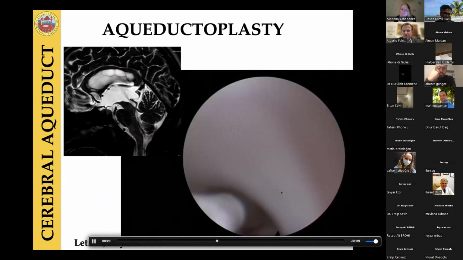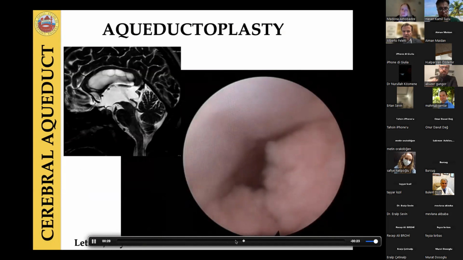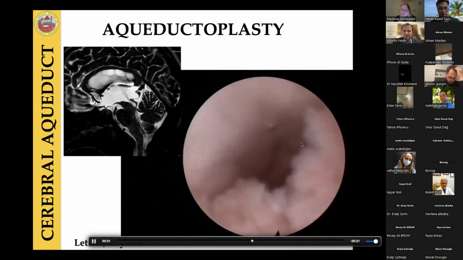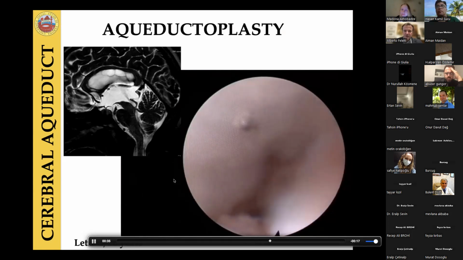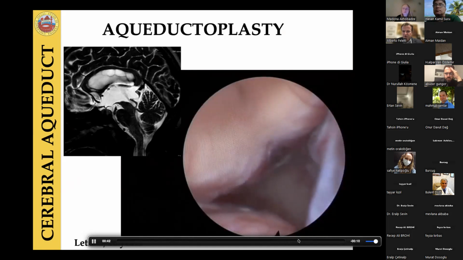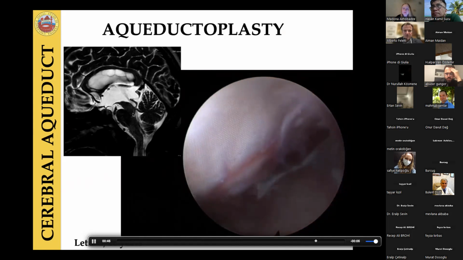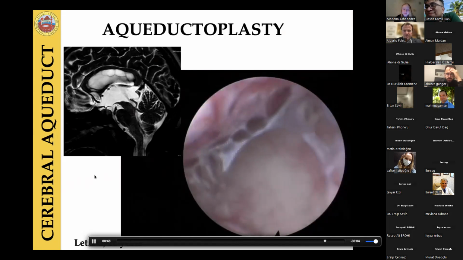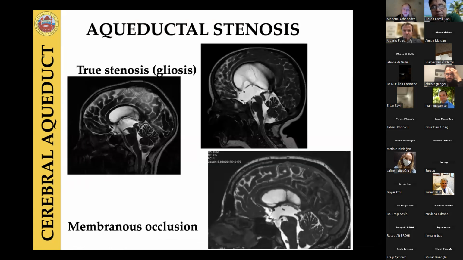So I fenestrated this membrane, restoring basically the normal anatomy of the CSF pathway. And here you can see I am navigating in the fourth ventricle very freely, just to make sure no other obstructions are present. This is the Magendie foramen. So in this patient, this aqueductoplasty allowed to resolve all her symptoms.